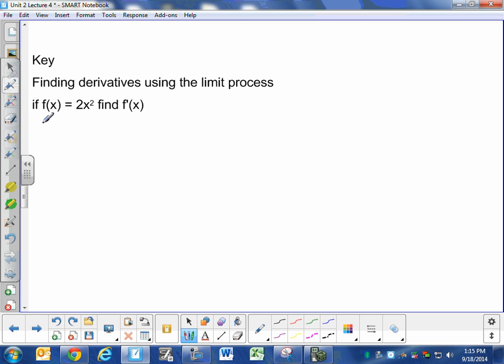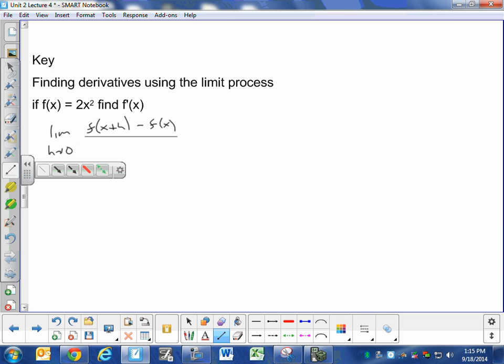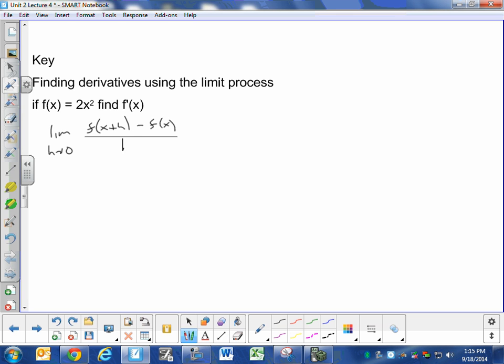I know the derivative of any function is this: the limit as h approaches 0 of f of x plus h minus f of x all over h. Now I know what f of x is. It's 2x squared in this situation. That's my function I'm going to try to find this derivative function for.